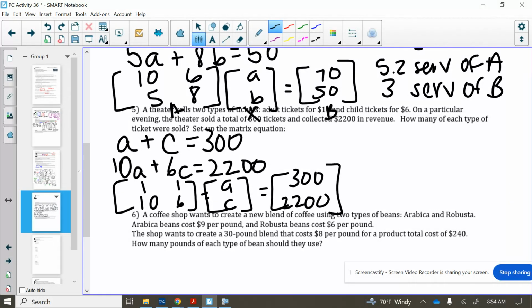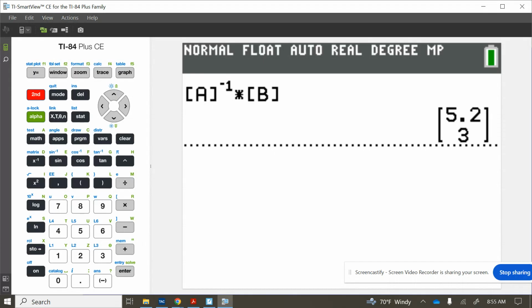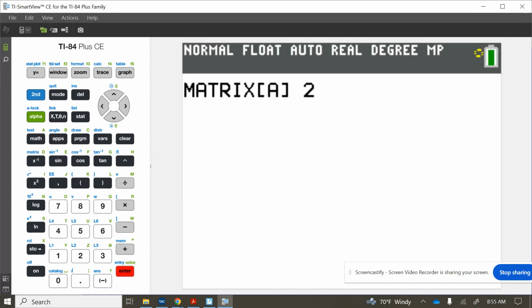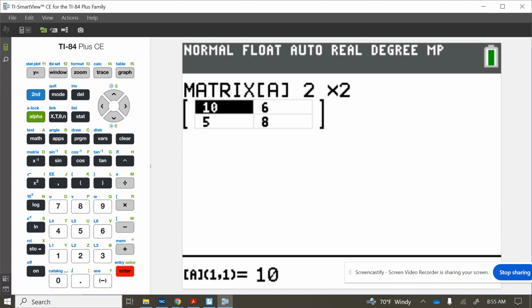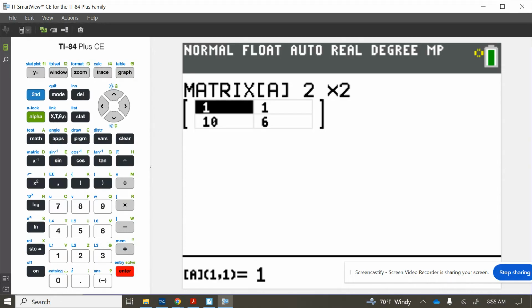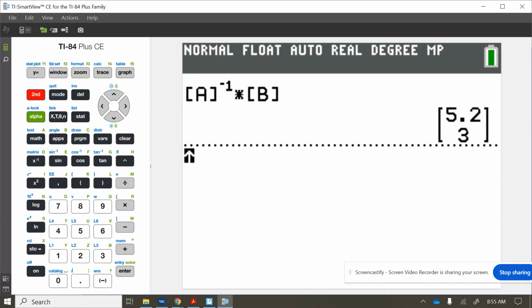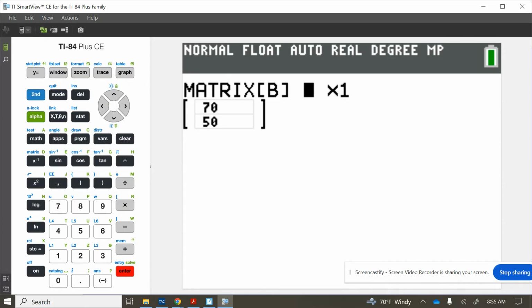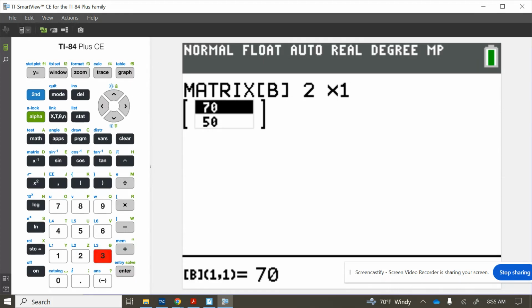So again, we can find what the variable matrix equals this time if we take A inverse times B. So I'm going to type in my coefficient matrix to start, my 2 by 2, my A matrix. And this time I had 1, 1, 10, and 6. My constant matrix this time, my B matrix, was 300 and 2200.